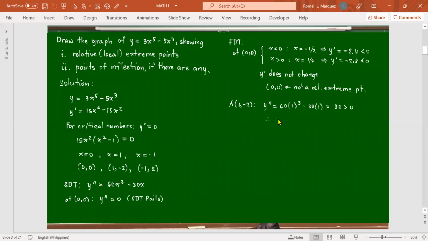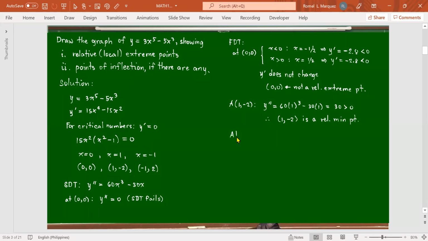What conclusion? Guys, 1, negative 2 is a relative minimum point. Okay, guys? If y double prime is positive at a given point, therefore it is a relative minimum point.